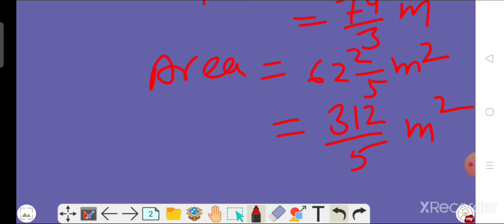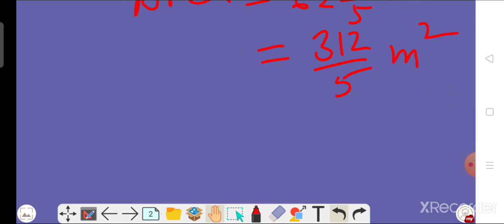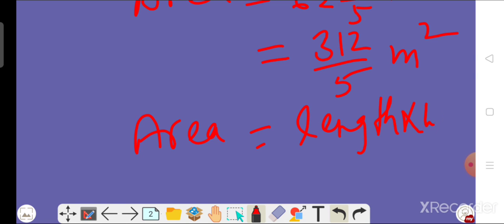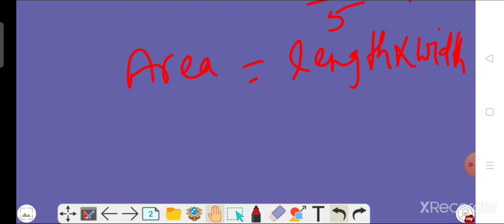Now the shape of the plot is a rectangle, so area is equal to length multiplied by width. Okay, so what is given? We have given this area, and the area is equal to 312 by 5. And what we have to find?